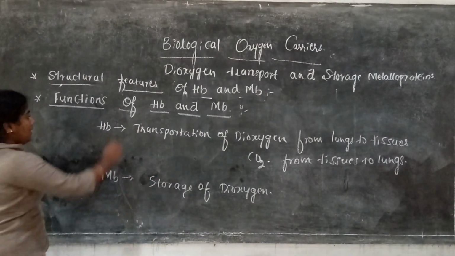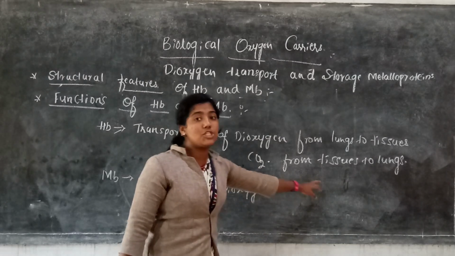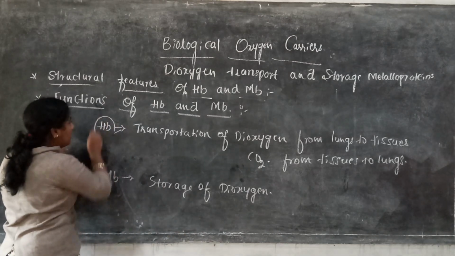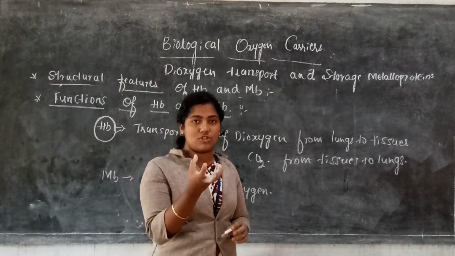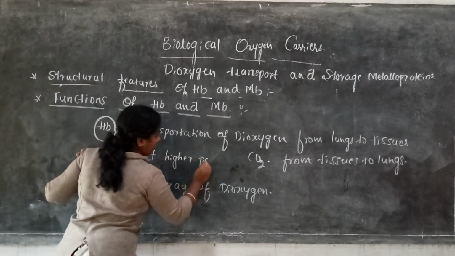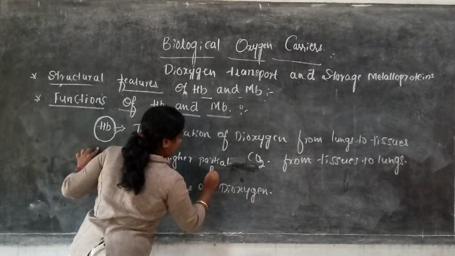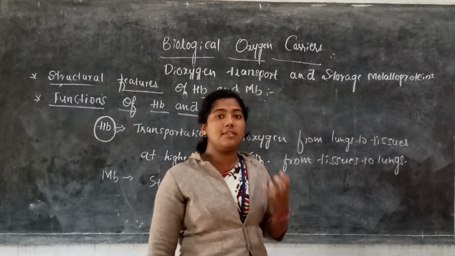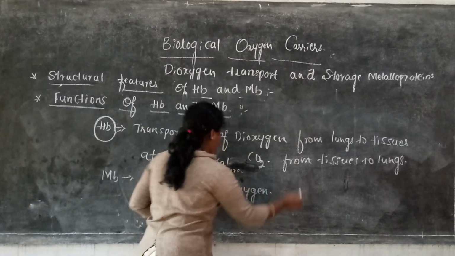In hemoglobin, at higher partial pressure, it has a higher affinity to bind dioxygen.